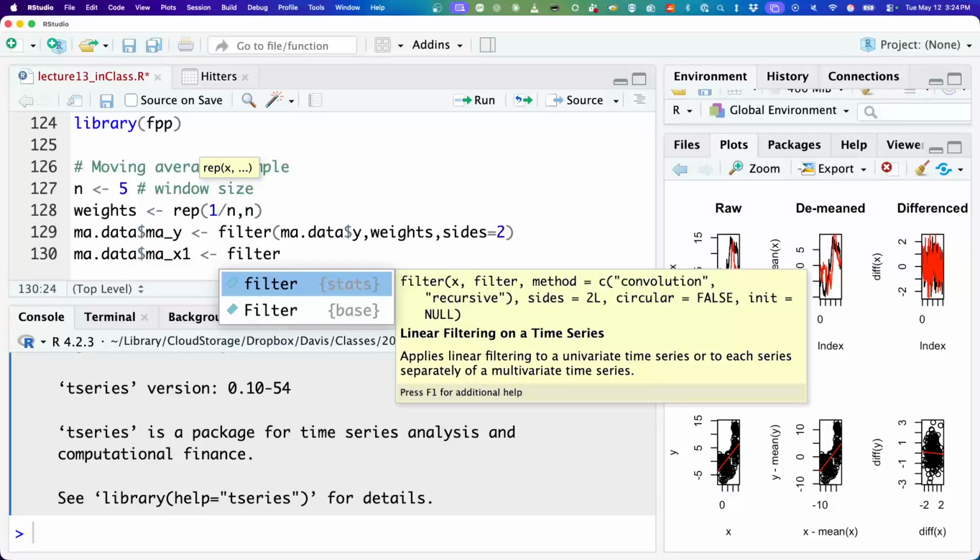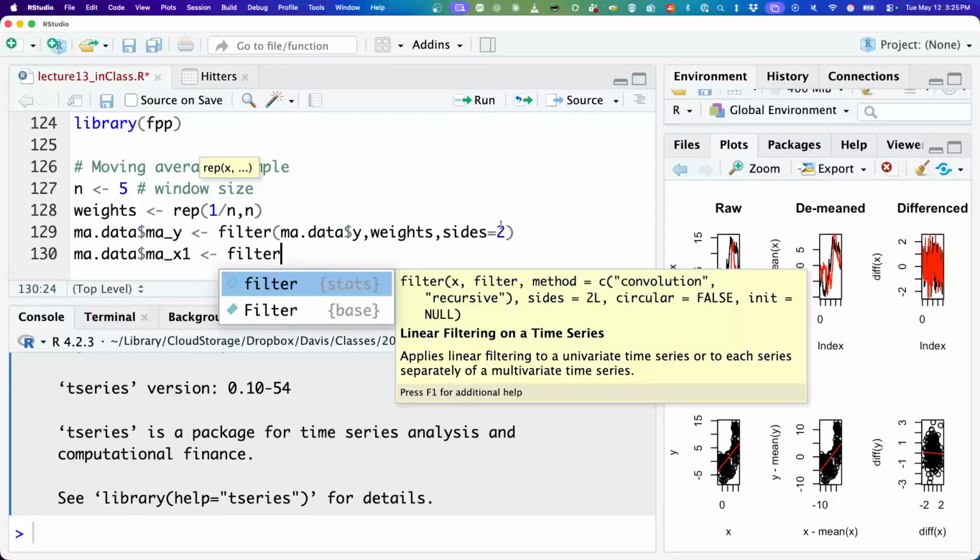Sides refers to whether, when I do the moving average, I'm looking only in one particular direction or in both directions. If I have a window of 5 and I'm looking at both sides, then I will be doing 2 periods in the future. So period 2, period 1, 0, the current period, the period before, and then 2 periods before.